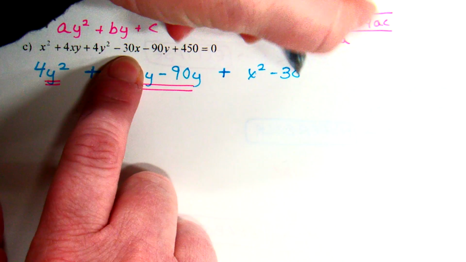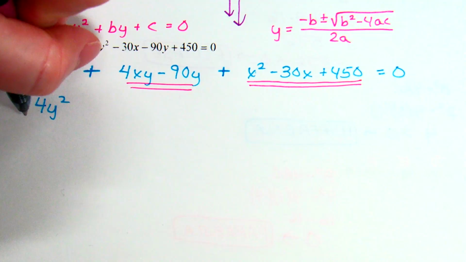Okay. Ready to do some quadratic formula? I don't blame you there, but we've got to do it. Because I'm trying to get this into the y equals form, I'm going to start with y equals. Okay, quadratic formula, what do we start with? Negative b. So if b is 4x minus 90, what's negative b? Negative 4x plus 90.